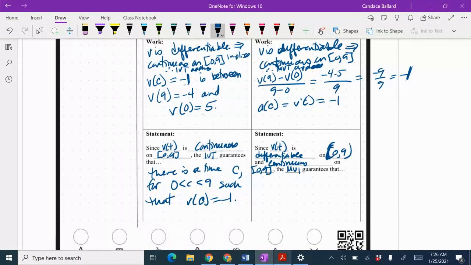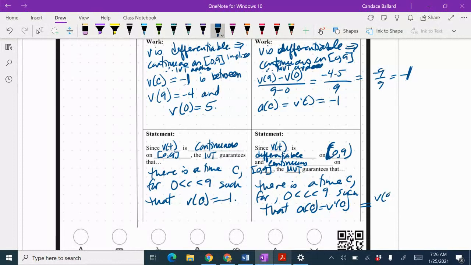Therefore, the MVT guarantees that there is a time c between 0 and 9 such that a of c equals v prime of c equals the slope equal to -1.